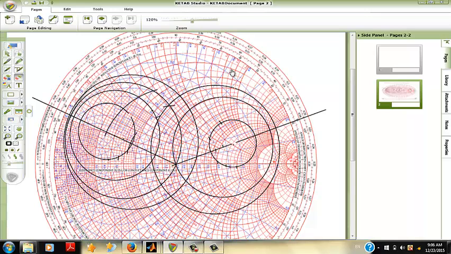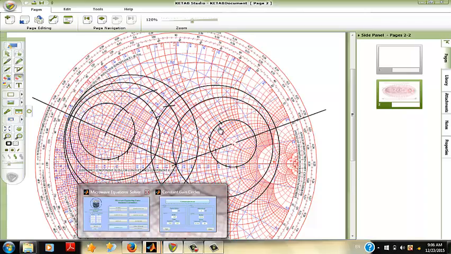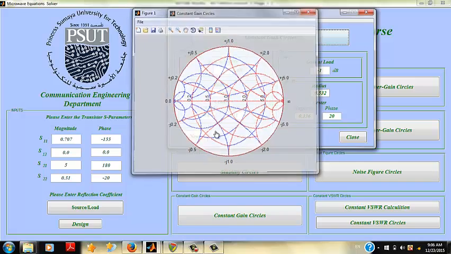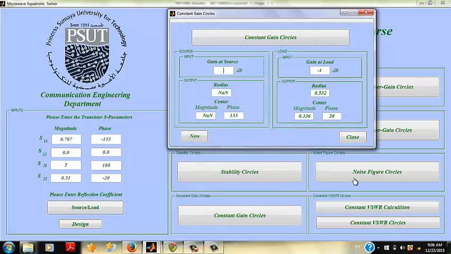Now, by opening the calculator, and entering 3 dB as a maximum power gain for the source impedance, maximum output power for the source impedance, we got 0.0228 for the radius and 0.706 for the center, with the phase 155.